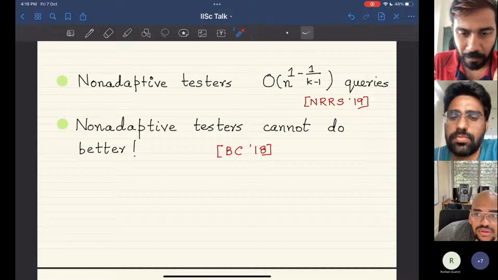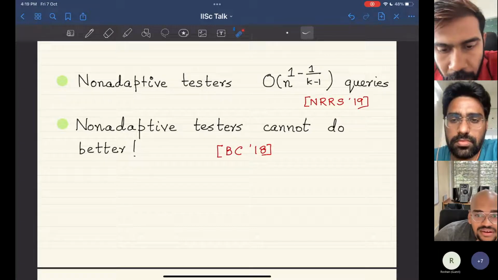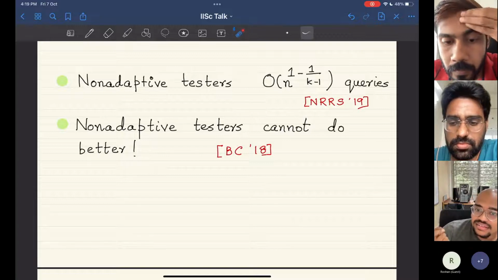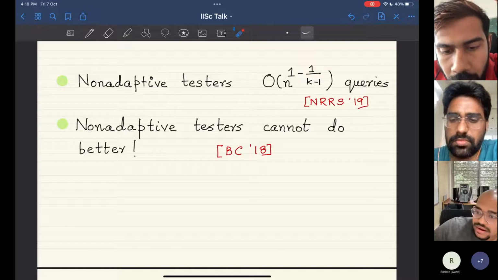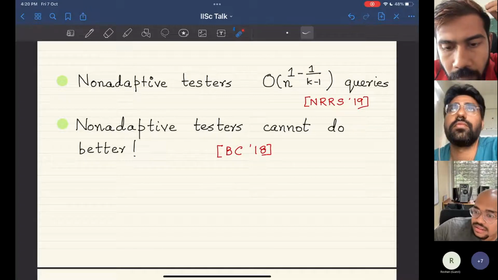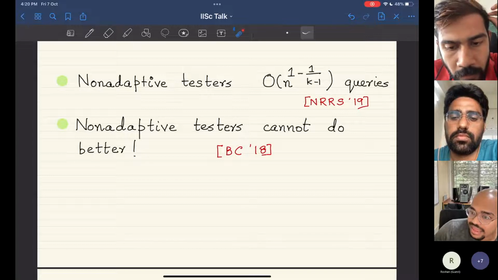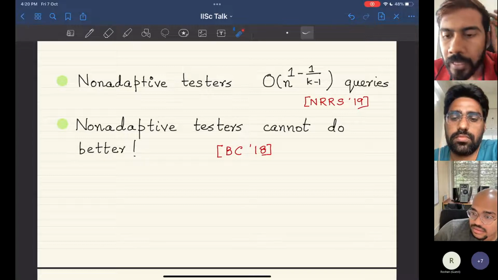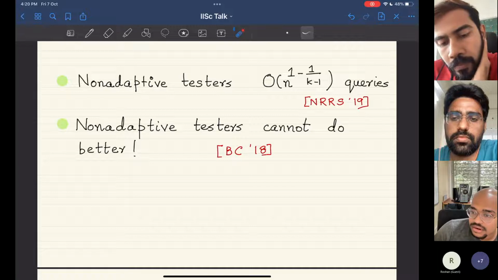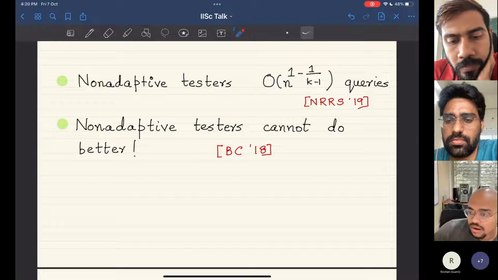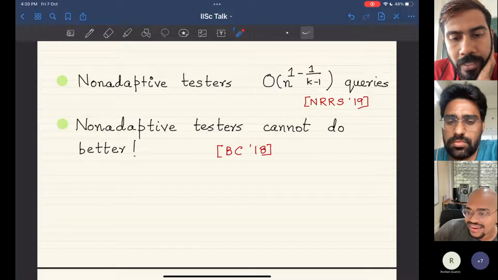In some sense. This lower bound, is it true for all k? Yeah, it's true for all k. Let's say k is n, doesn't it get easy? Like, the entire pattern, you have to check whether the entire pattern is mapped to this or not. When k is large or small? Let's say k is n. You have the entire pattern, like a permutation, and you have to check whether the given array is this permutation or not, right? Isn't that easy?